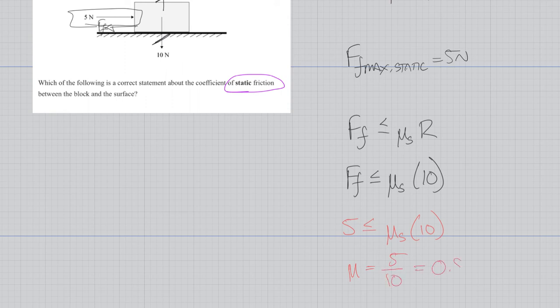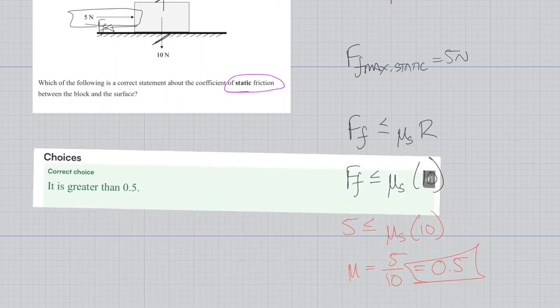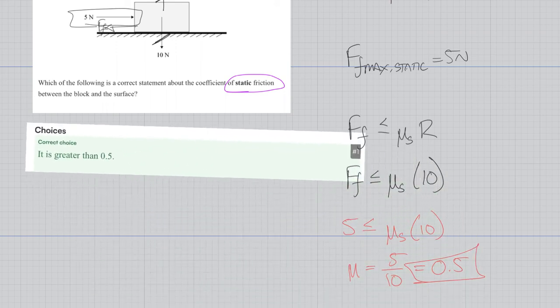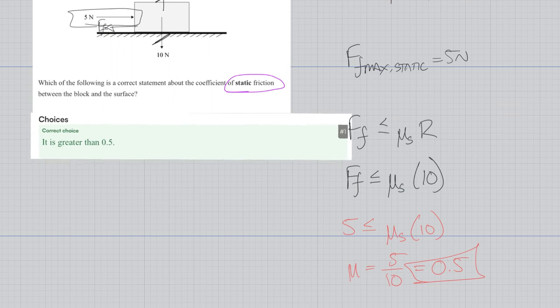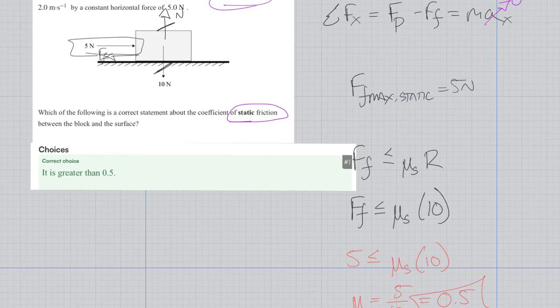So that means 0.5. What that tells me is that it cannot be greater than 0.5, because if it is greater than 0.5, then this force of 5 newtons isn't going to be able to push this block from rest. Now, if I'm only applying a 5 newton force, the maximum the coefficient of friction can be is 0.5.